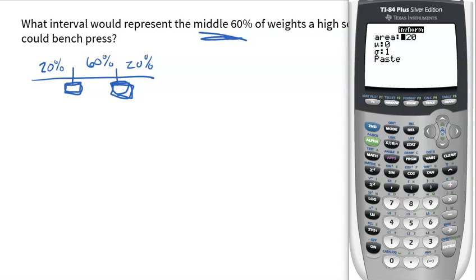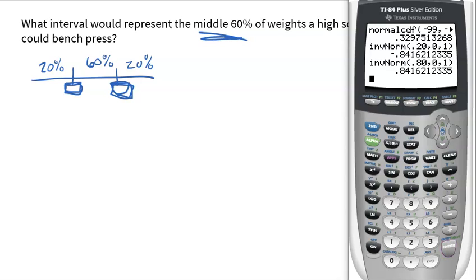And the area below my interval would be actually 80%. If again, look at my picture that I drew here. If I'm trying to find that top of my interval, I'm looking at the bottom 80%. But to be honest, I don't need to do this because look at my answer. Because of symmetry, if the bottom 20% is negative 0.8416, then the number at the top would be positive 0.8416.